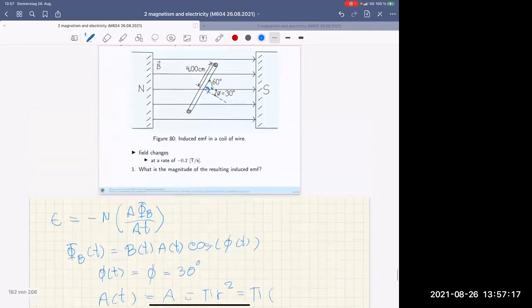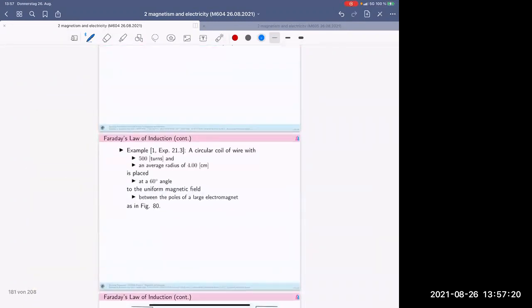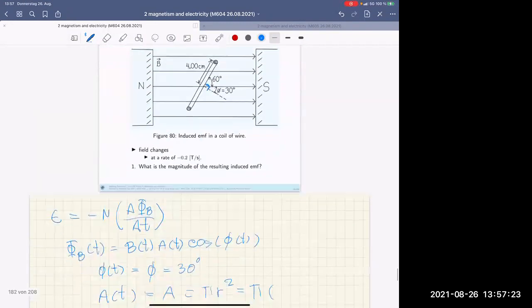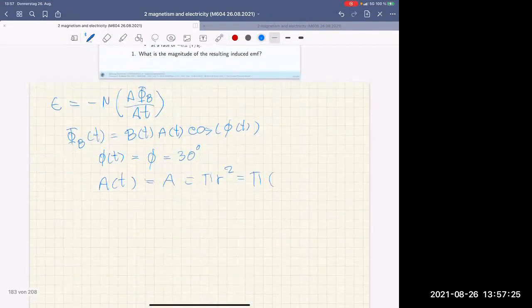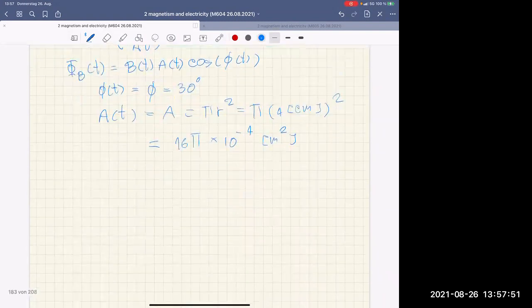And r is 4 centimeter, so you would have 4 centimeter, and then square, and what you get will be 16. But 16 pi, times 10 to the negative 4 square meter in the SI system. And B, T, leave it like that.